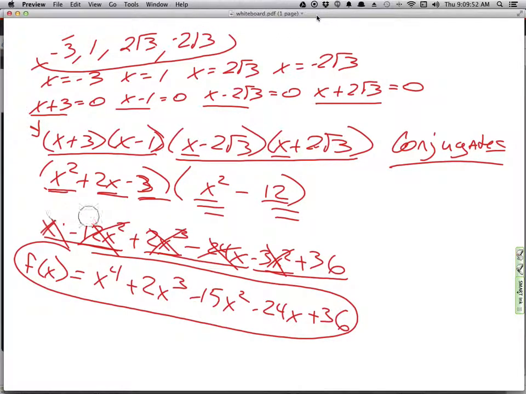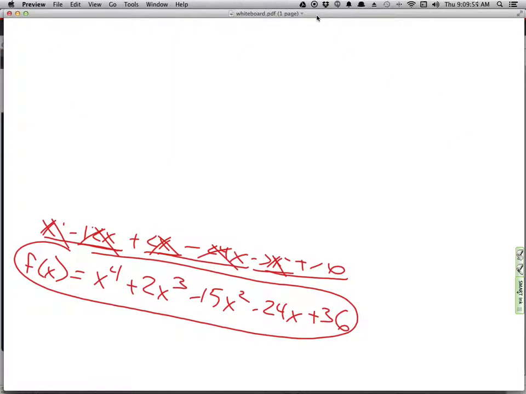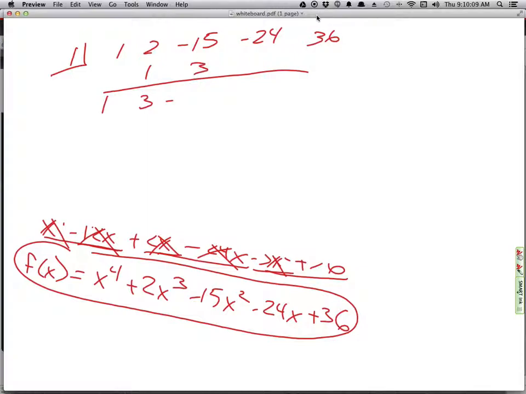Which one of those zeros would be easiest to use? 1. So let's do that with 1. So I've got 1, 2, negative 15, negative 24, 36. And since I got a 0, that means more than likely I did my polynomial correctly.